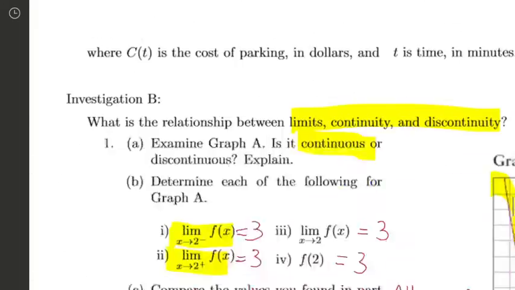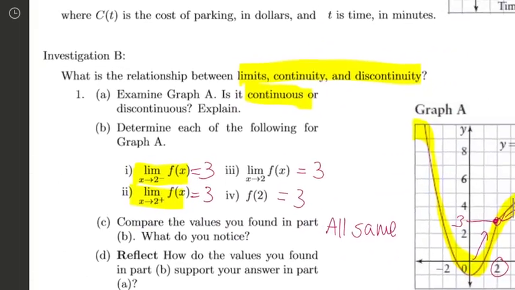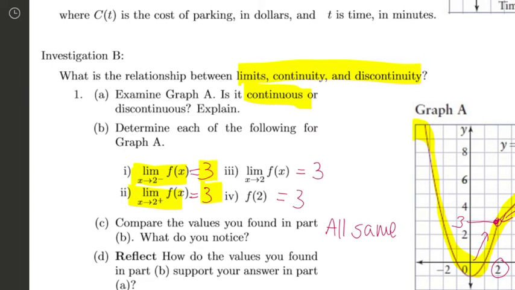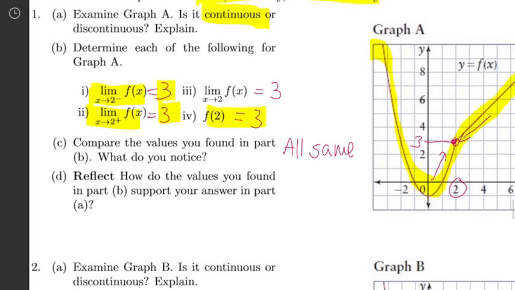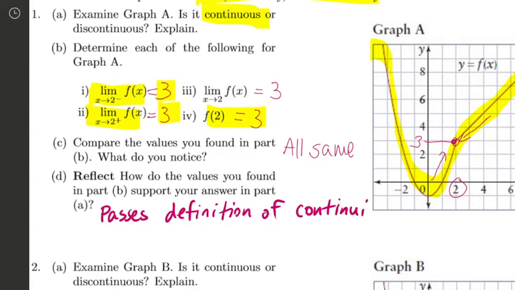So the limit as x approaches 2 is 3, as well as the defined value is equal to 3, and so it passes the definition of continuity, meaning it meets all the criteria.